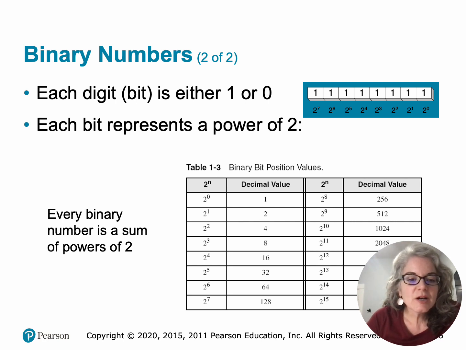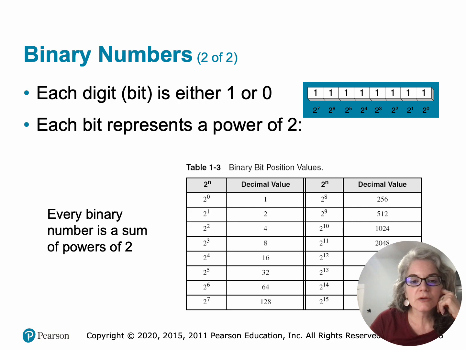The next position, position 1, is 2 to the power of 1, which has a value of 2. The decimal value for the next position is 4. And 2 to the power of 3: 2 times 2 is 4, 4 times 2 is 8. So this 2 to the third power has a decimal value of 8.